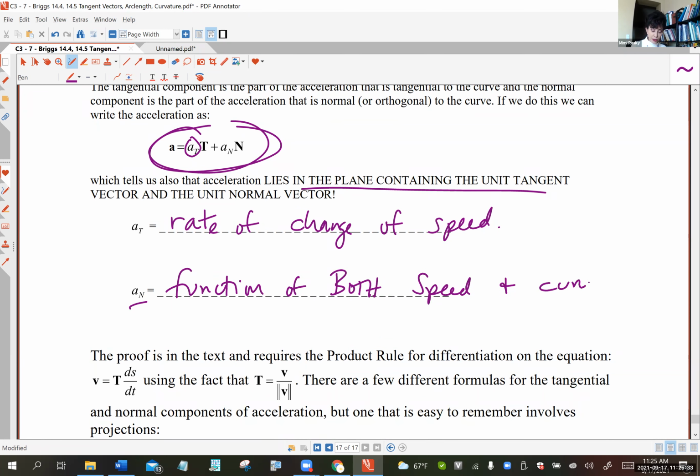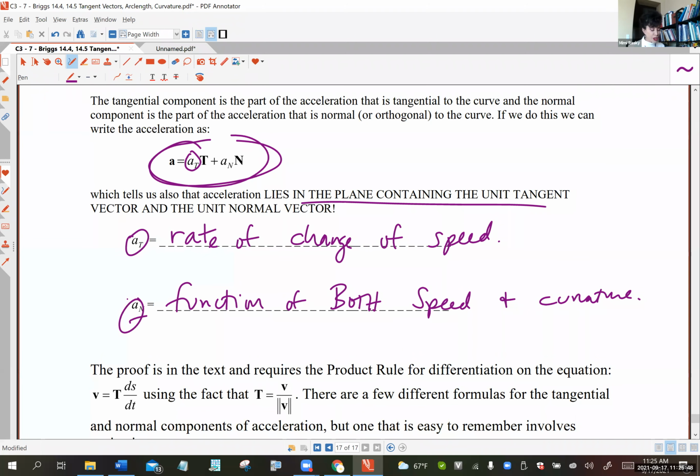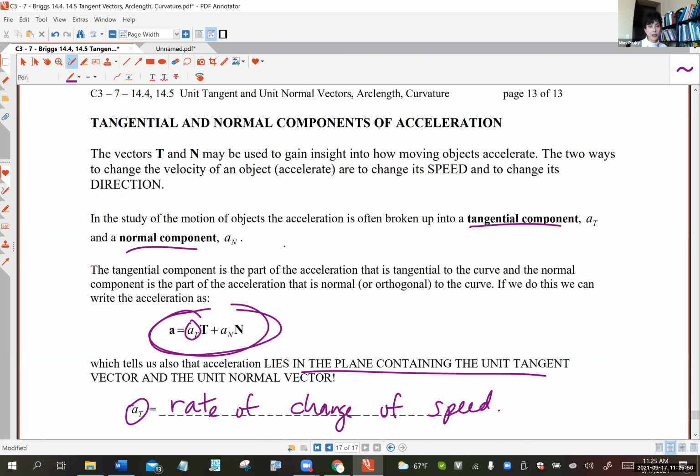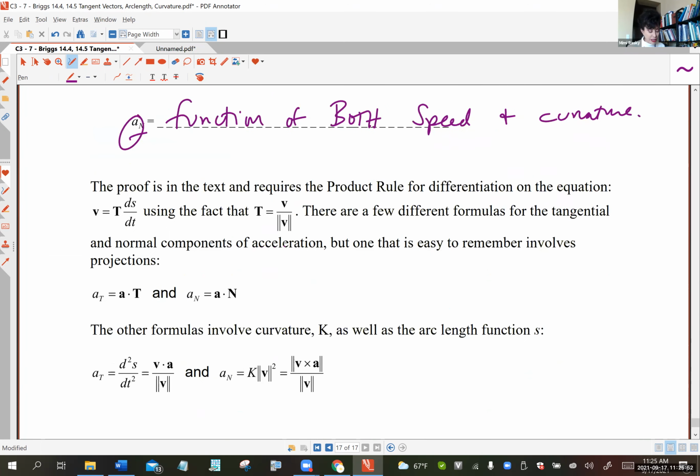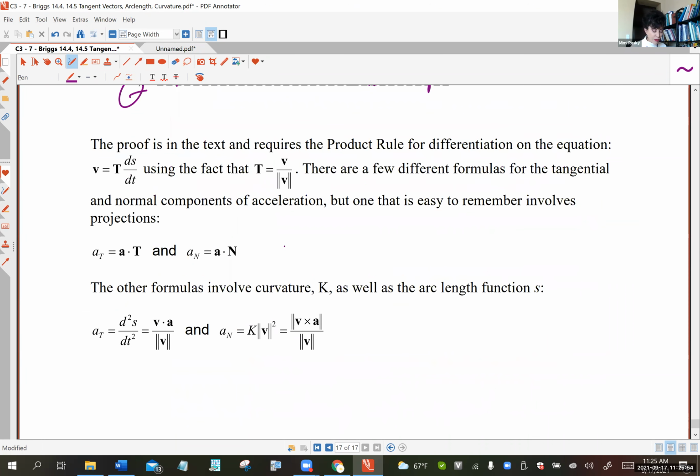So if you're wondering, like, who the heck cares about curvature other than to find out if something's curvy, it does come up in one of these components of acceleration. So a sub t is your tangential component. A sub n is known as your normal component of acceleration. And you're always guaranteed that you can get these.